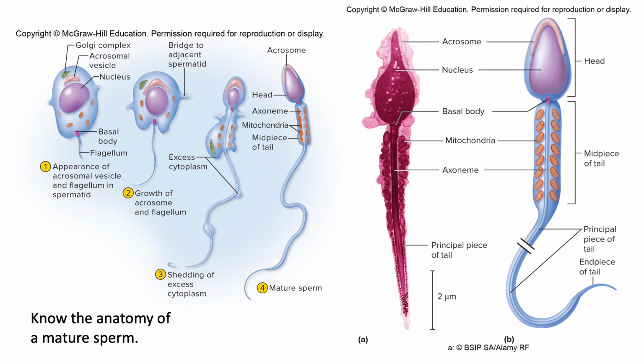It is enzymes that help the sperm to digest away the cells from the zona pellucida to get through the protective layer of the oocyte. The midpiece is rich in mitochondria that provide energy for the tail, and again the tail is what actually propels the sperm and moves it along through the female's reproductive tract.